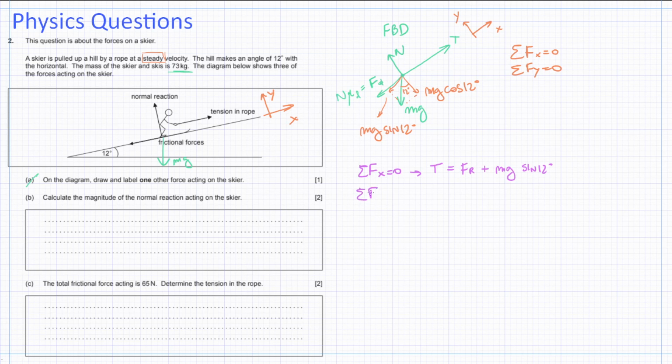If we do sum of forces on y equals 0, we would have then that the normal force will not be equal to our weight anymore, as we have seen before. It will actually be equal to the component of the weight, which is on the same direction, well, opposite direction, but on the same reference here, on the same y that we have created.